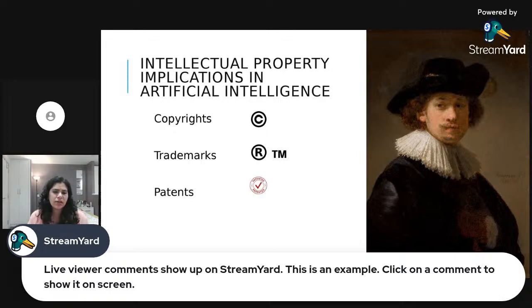They keep rejecting applications which are made when a painting is made by AI algorithms and training LLMs, because the simple factor is that for anything to be copyrighted, the author has to be a human being, which is the major point of contention where jurisdictions really differ, because their domestic laws can be different.